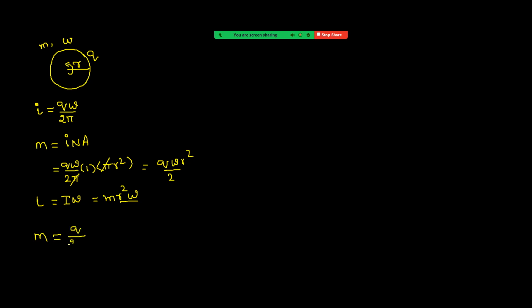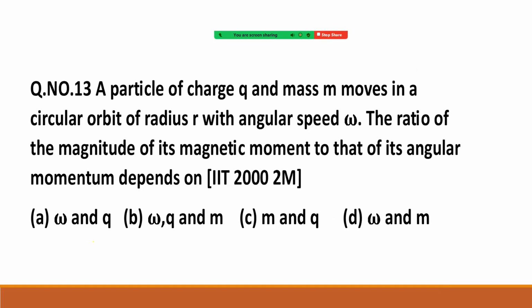We get Q by 2m into L. So we first calculated current, then the magnetic dipole moment. After that, the angular momentum of the ring about its own axis. Then the relation between magnetic dipole moment and angular momentum. Okay. See the next one.